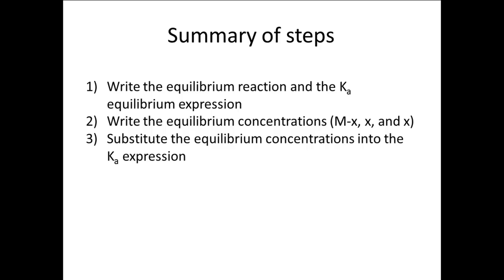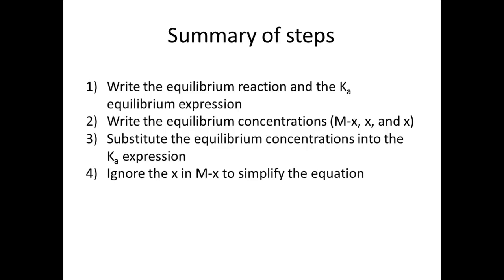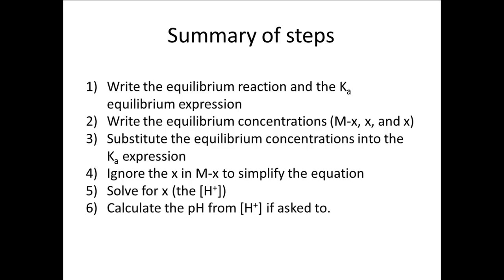Substitute the equilibrium concentrations into the Ka expression. 4. Ignore the x in M minus X to simplify the equation. 5. Solve for x, which is the concentration of H plus. 6. Calculate the pH from the concentration of H plus if asked to do so.